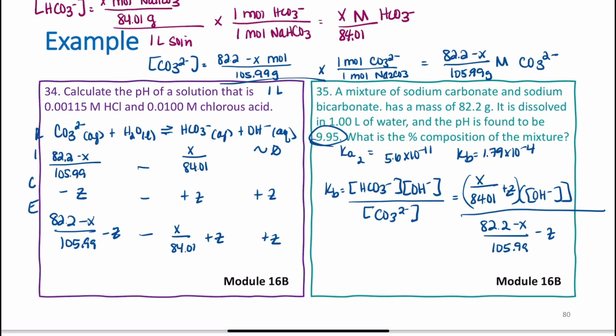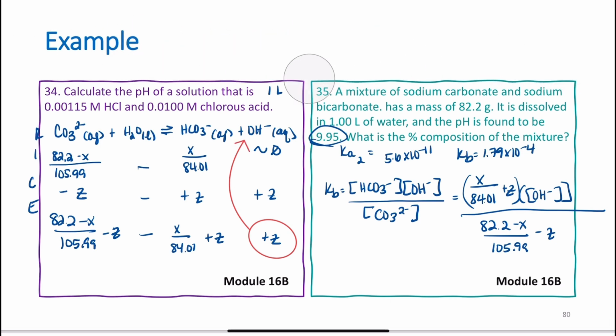How can I figure out Z? I don't even have to assume Z is small. I can solve for it. Z represents the hydroxide concentration at equilibrium. I have the information to find that.